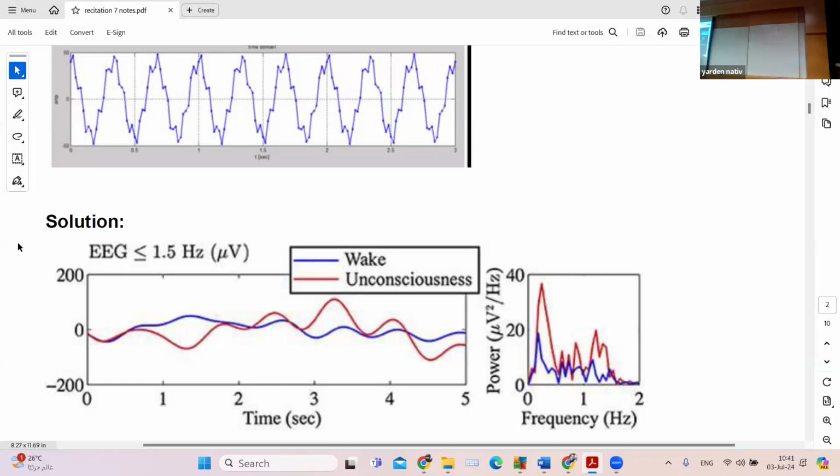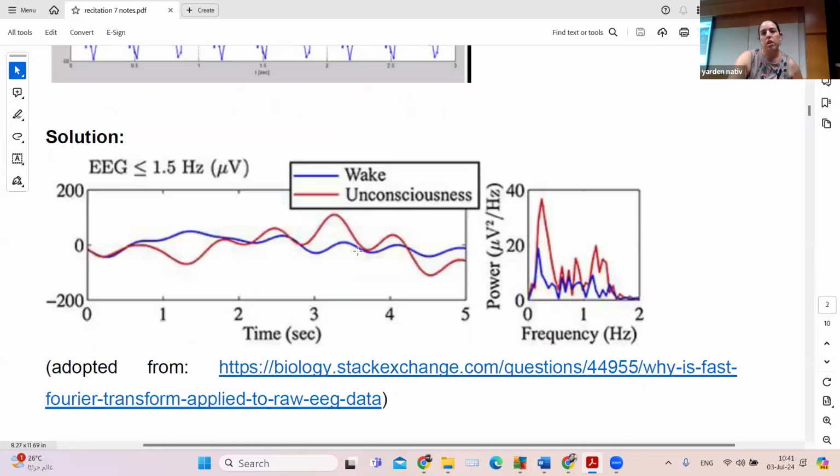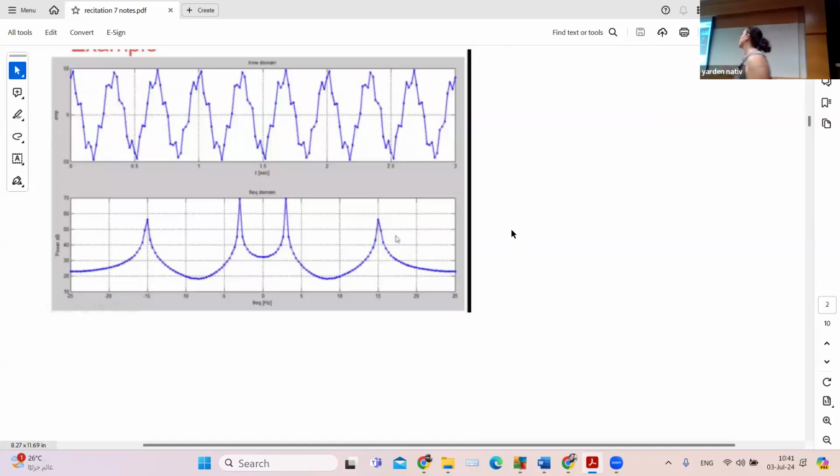Okay, more clear now? So when we are asked what are the frequencies that we see within a real signal, you'll never really see something that is, I'll show the next example, that is really clear that there is this frequency of 15 and another one at 3.